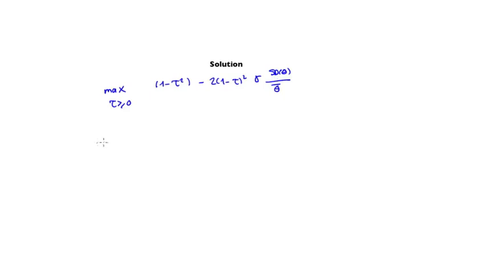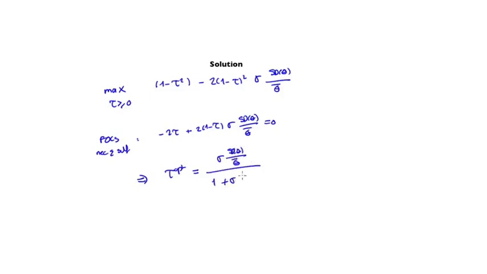So we can just take the first order conditions, which are going to be necessary and sufficient, and we get minus 2 tau plus 2 times (1 minus tau) sigma SD theta divided by theta mean equal to 0, and we get that the optimal tax is equal to sigma SD theta divided by theta bar over 1 plus sigma SD theta divided by theta bar. Now we have a precise formula for the optimal tax.